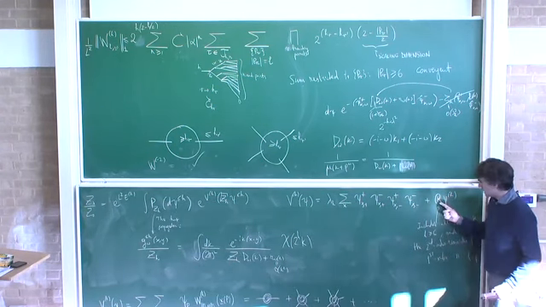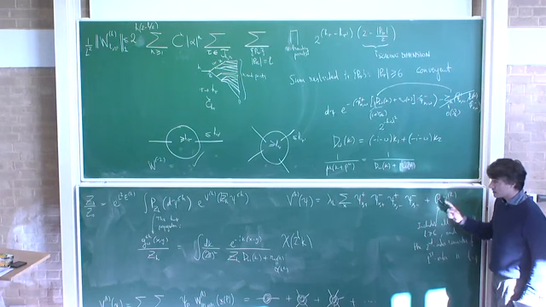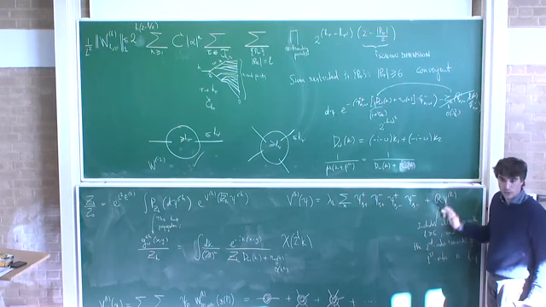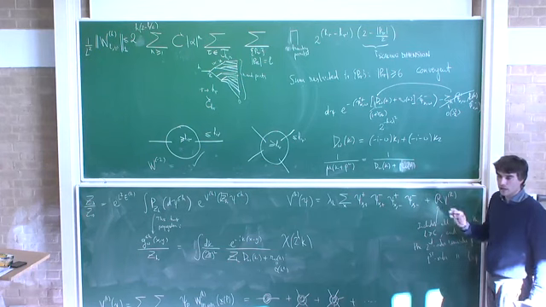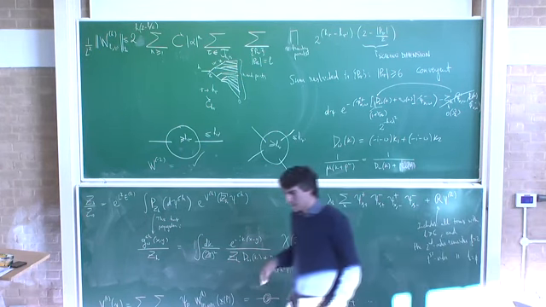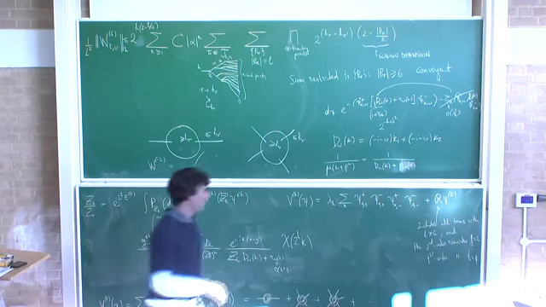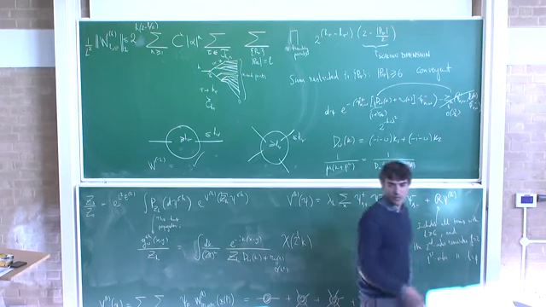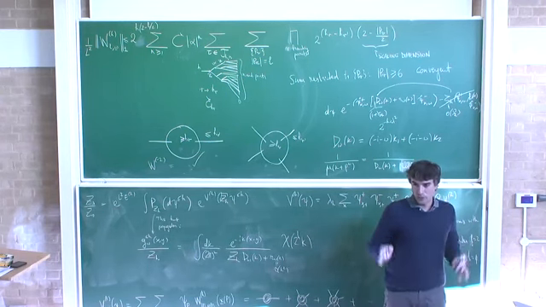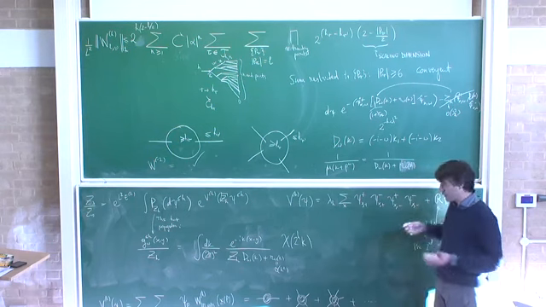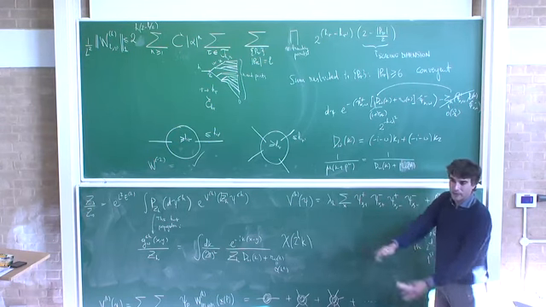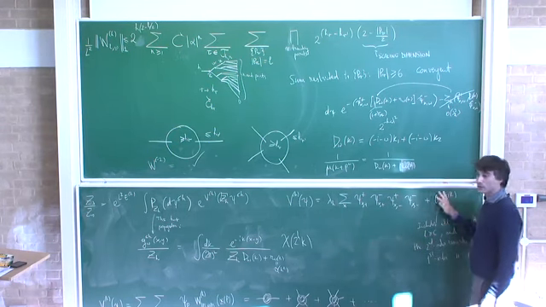Notice that this remainder part will not scale to 0 after iterations. It's a bit misleading to think that the irrelevant part, this remainder part, scales to 0 in the infrared. This is not true. If you look at the fixed point, deep in the infrared, all these terms will survive.